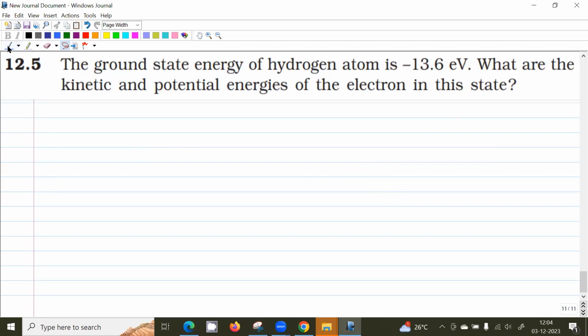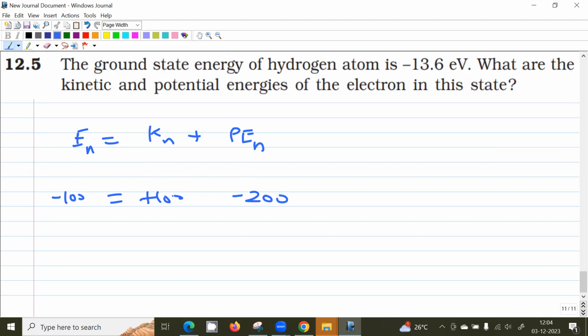The energy of an electron in, say, the nth orbit is kinetic energy plus potential energy corresponding to the nth orbit. Suppose the total is, for example, minus 100, potential will be negative and double of it, minus 200, and kinetic will make it a little bit positive, so it will be plus 100. So this is how it will look.